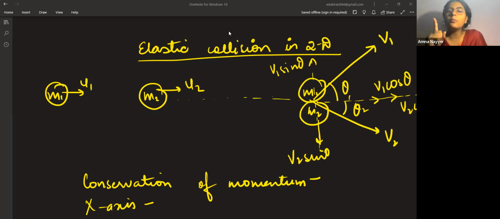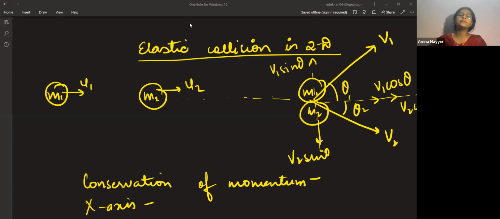So if only one component is changing, you need not change the direction of velocity or resolve it, right? Here, m1 is coming with u1 velocity, m2 is coming with u2 velocity, both are colliding, and when they are separating from each other, they are separating at an angle with the horizontal, right? So that's why here we need to resolve the vectors.